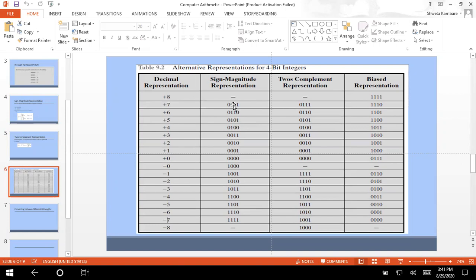If you are using 8 bits, you can only represent minus 127 to plus 127. So you can see here 0, 1, 2, 3, 4, 5, 6, 7.